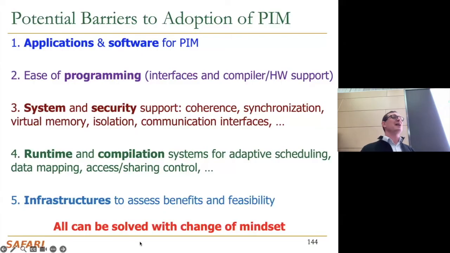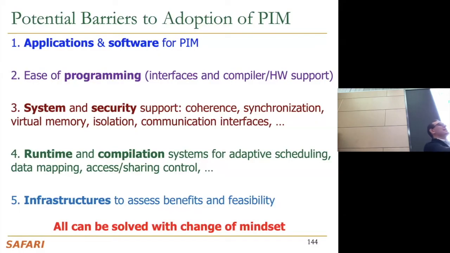And in my opinion, the hardest part is really the mindset, going back to what I described at the beginning of the talk: the way we design our computers today is completely processor-centric. When you look at every single decision that you make in the design of a computer, it assumes implicitly, mostly implicitly, sometimes explicitly, that the data needs to move to a central unit where it can be processed.